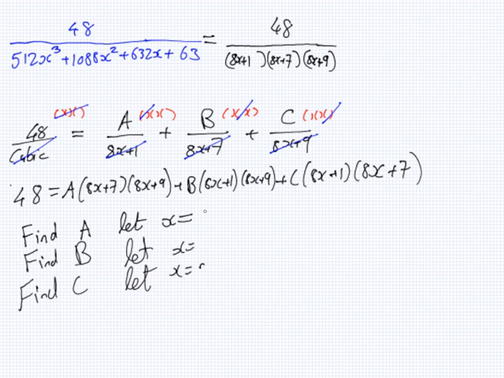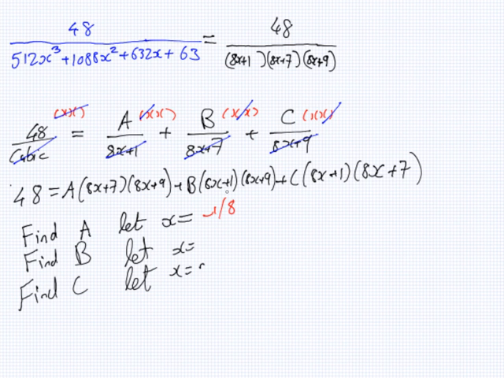So what do you choose for x to make the second and third term 0 to leave you with only the A term? Minus 1 over 8. Will this give you A? You have to make the whole thing 0.